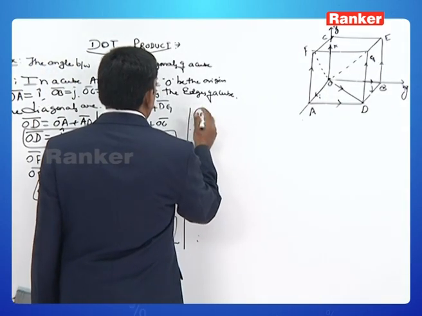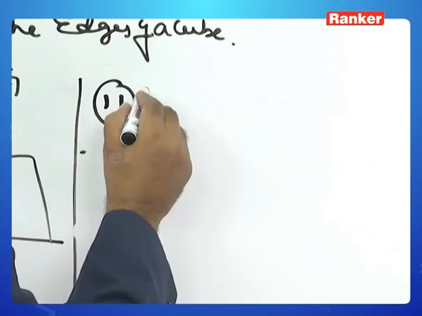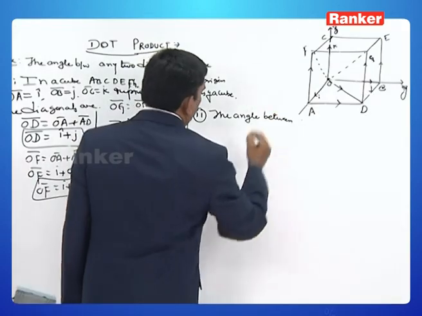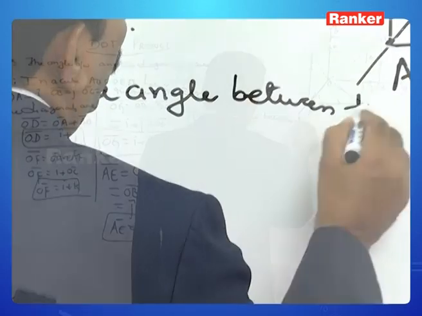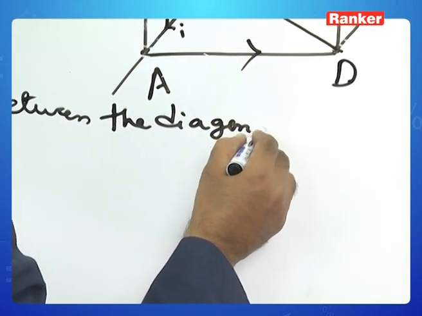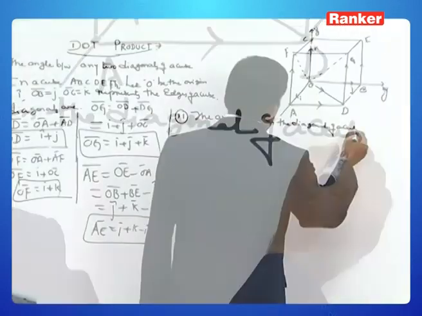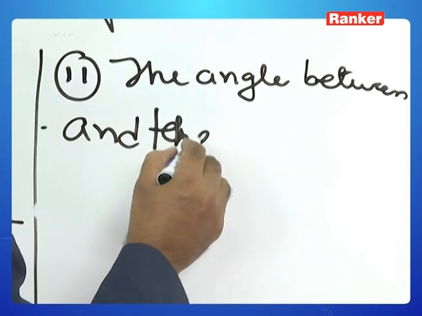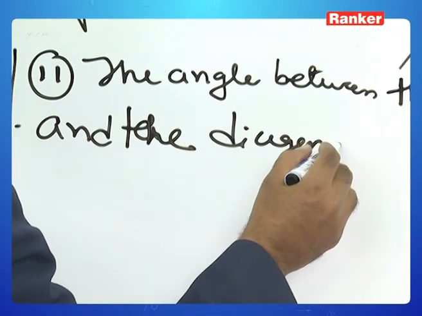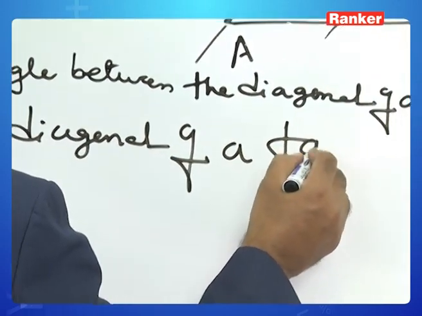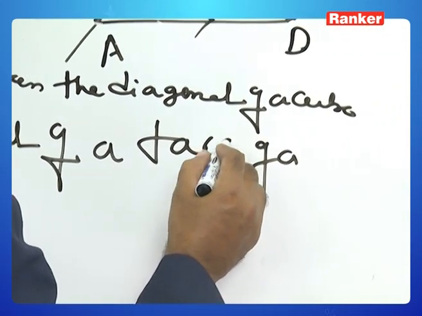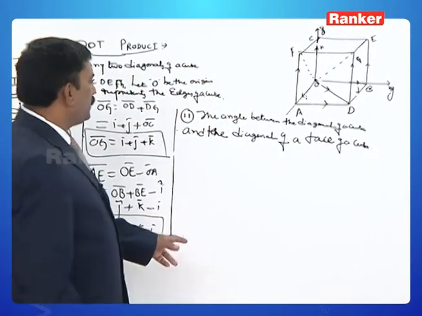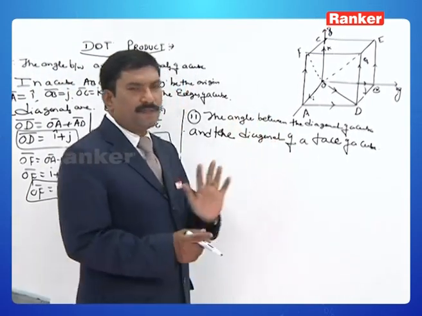The second question is, under this figure only, the angle between the diagonal of a cube and the diagonal of a face of a cube.